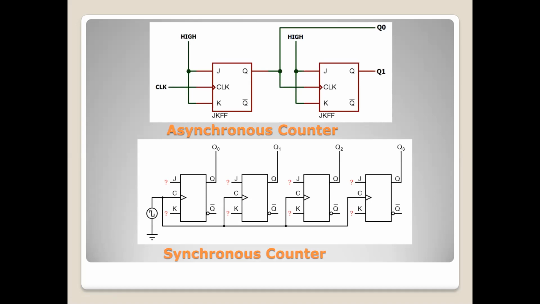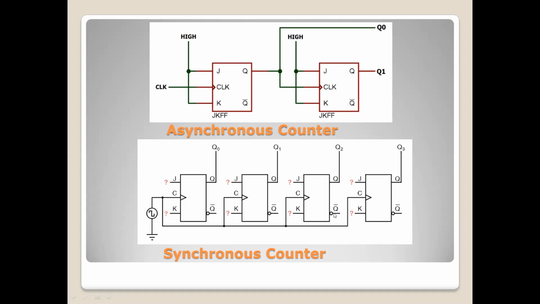So the asynchronous counter, we can say, is a slow process, because the second flip-flop is triggered only when 2 clock pulses come to the first flip-flop. But in a synchronous counter, all flip-flops are triggered simultaneously.